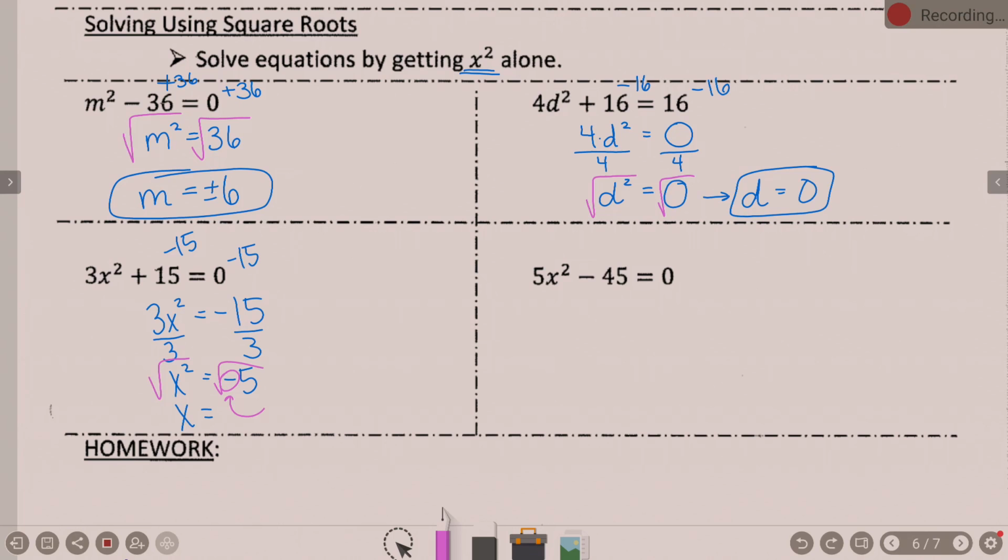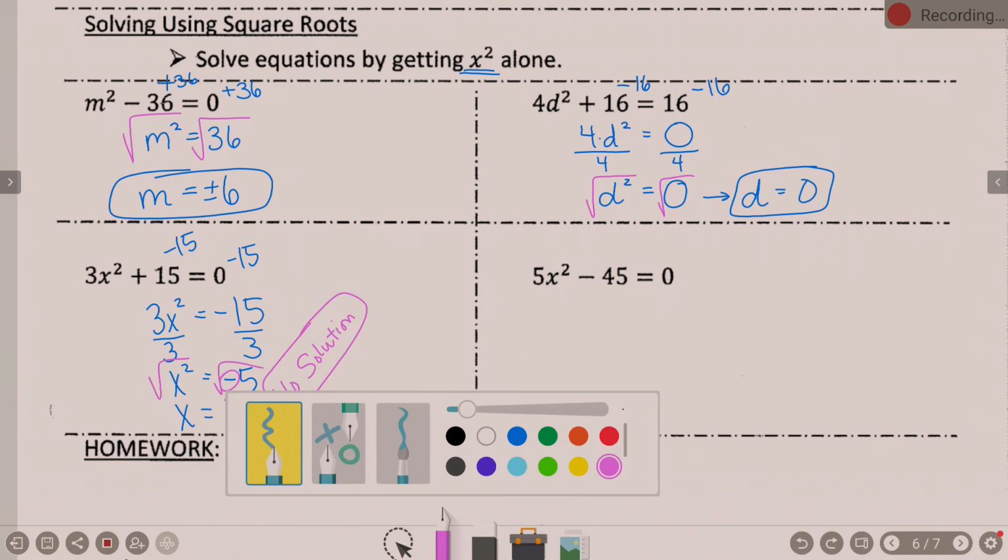And so guess what? This is no solution. And that's just because we took the square root of a negative.